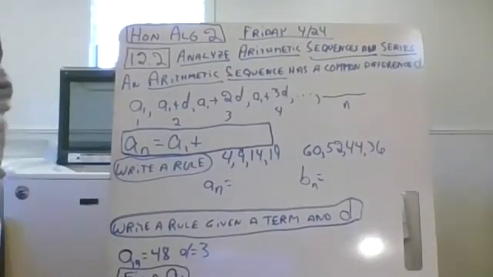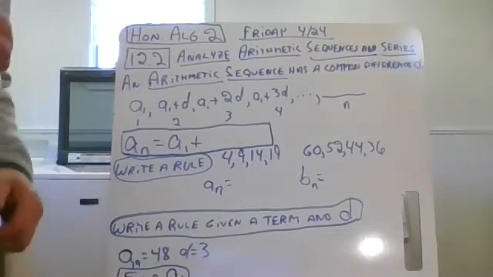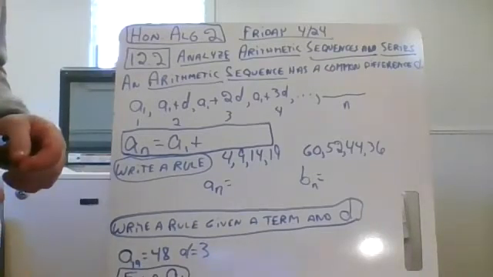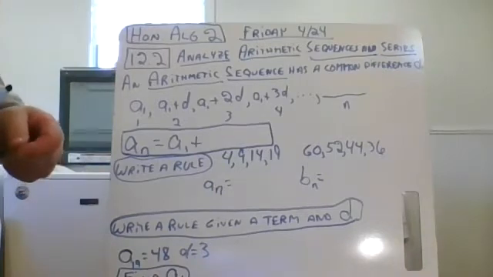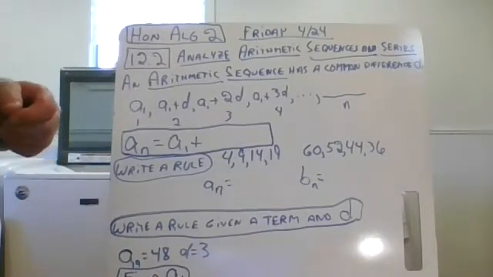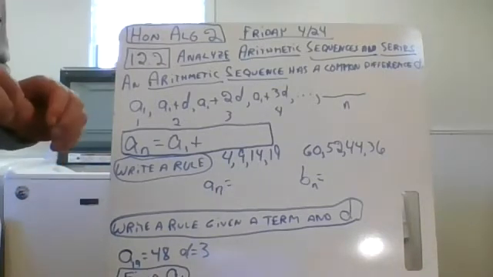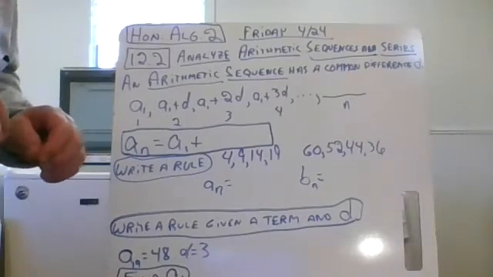Okay, so we've done section 1, general sequences and series, to give you the idea of the notation for a sequence and the sigma notation for a series, learning how to work with those things.